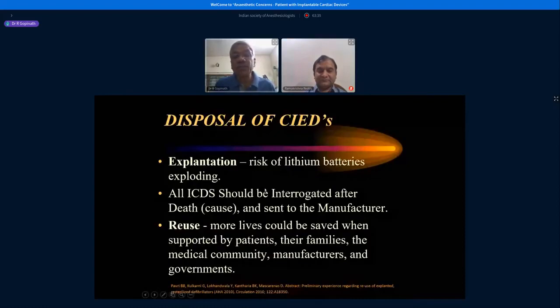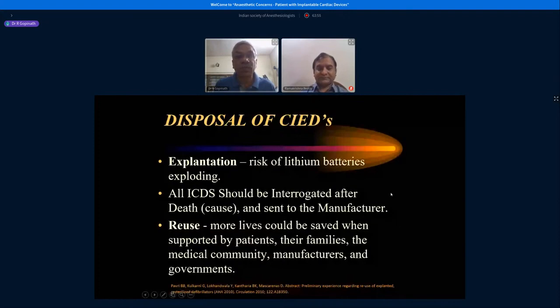The other issue, of course, is that you should know whether the device malfunctioned, resulting in death. Technically, all of them should be explanted and interrogated after death to know the cause, and sent to the manufacturer to find out whether the death was caused by malfunction of the device.